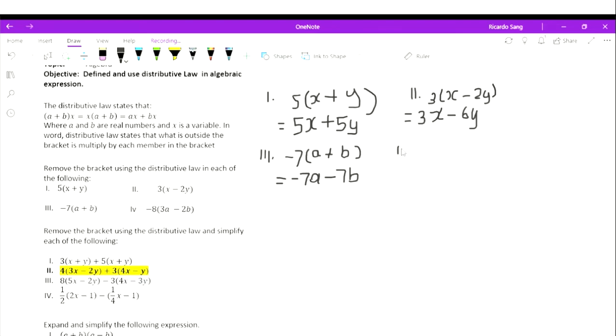So let's look at IV, Roman numeral 4. So this is saying minus 8(3a minus 2b).